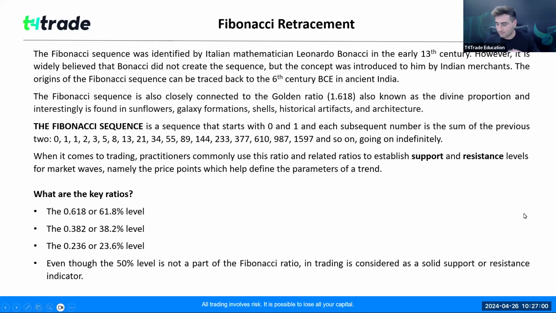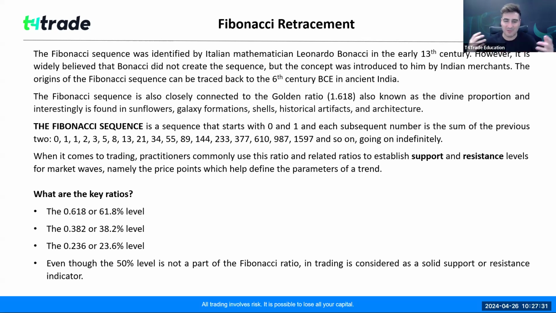Okay, so at the end of the day, what we care about are the ratios. We mentioned them many times in the past when we've done the introduction to Fibonacci. Let's refresh our memory once again. So we have what we call the 61.8% level, or the 0.618. We have the 38.2% level, the 23.6% level, and many traders also use the 50 because, okay, it's half of the distance of a specific move.